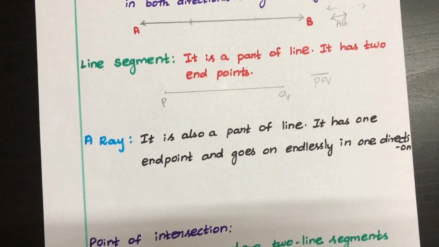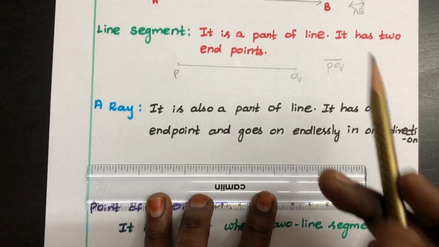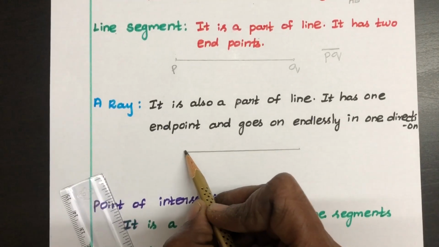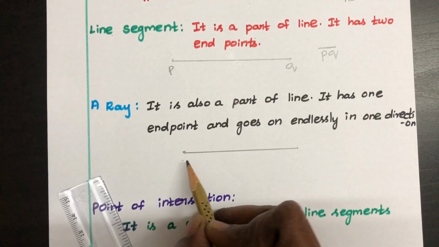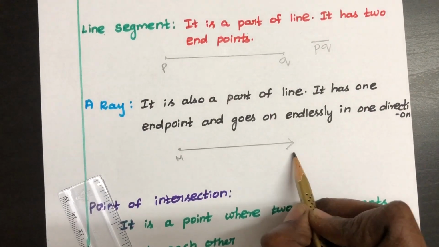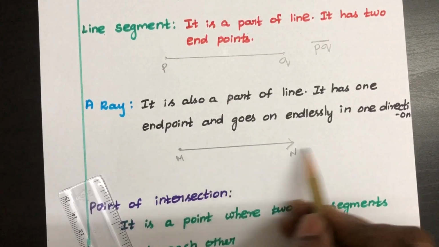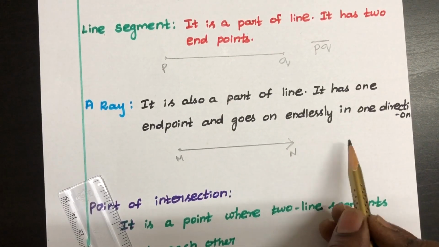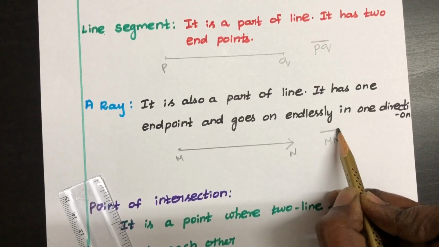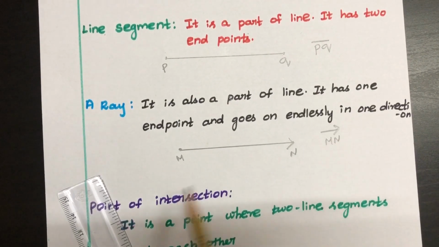It has a start point, say M, but it is moving towards one side endlessly. So how can it be written? MN with an arrow on one side. It is called a ray.